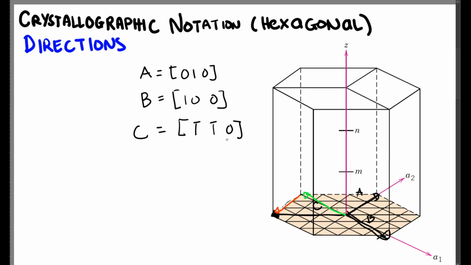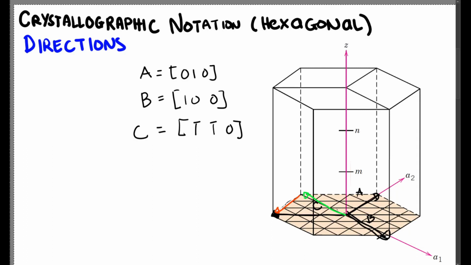So crystallographers hated that. They wanted a more convenient way to tell if directions would be the same. So they turned to the four-index system, or the four-axis system, which we also call the Miller-Bravais coordinate system.